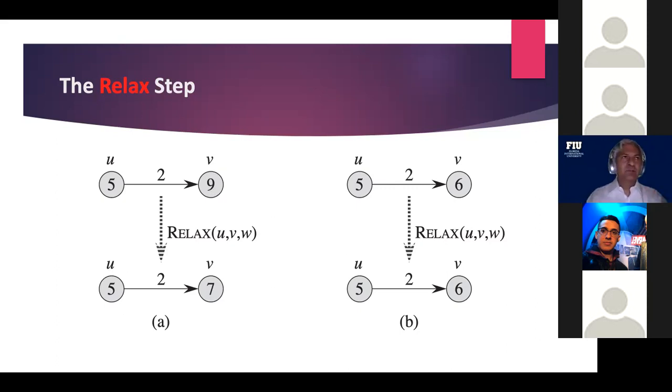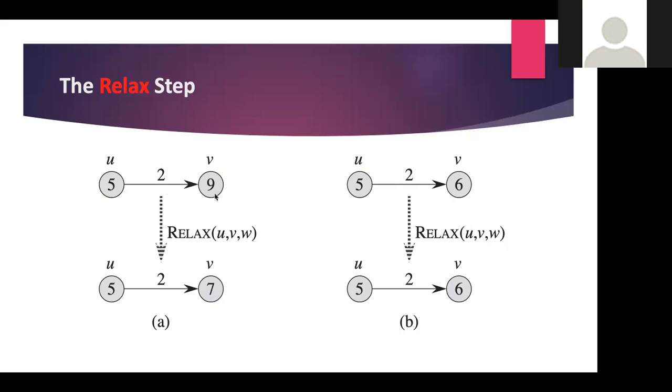Okay, so let's assume that at some given time, the distance from S to U is 5, and the distance from S to V that we figured out so far is equal to 9. What this tells you is that if these two are connected by an edge of length 2, after the relax step, this one would become 7. Why?